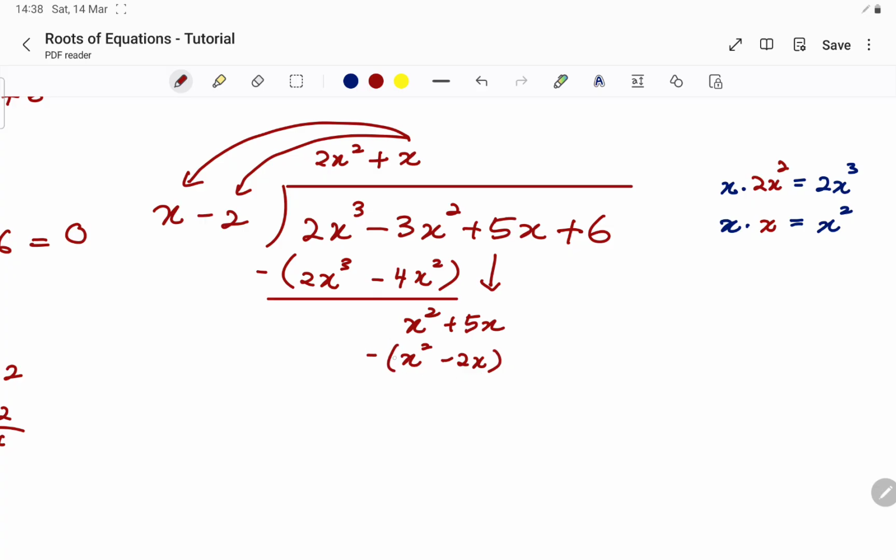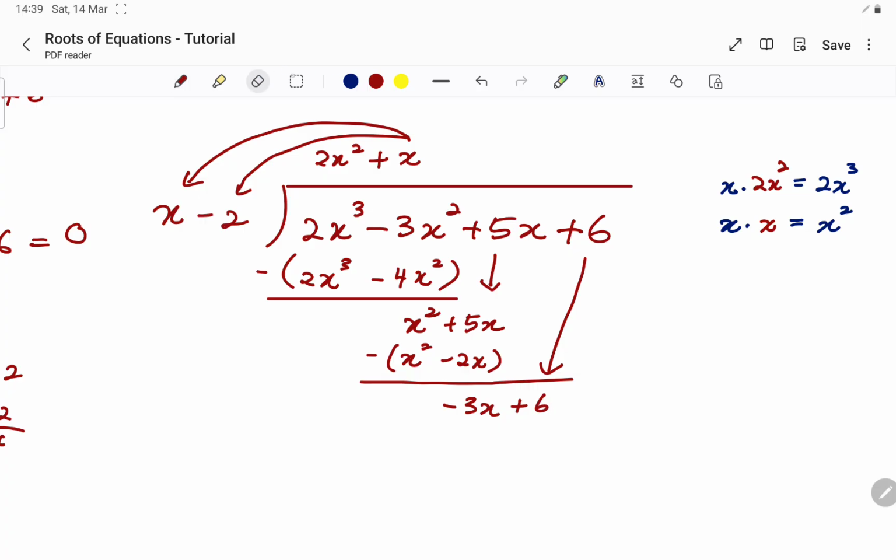You close bracket, minus. x squared minus x squared is 0. Negative 5x minus negative 2x gives negative 3x. Then you bring down 6, so you get plus 6 here.